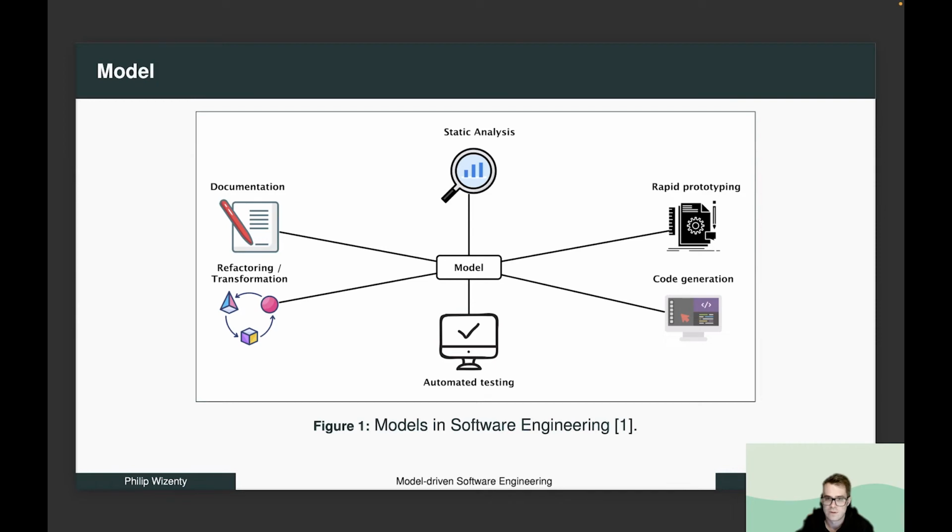Models can also be used for rapid prototyping. In this process, we use models to represent a specific part of the system to test it. By doing so, this system prototype can be built faster to save time in the development process because it contains only a specific part of the system.